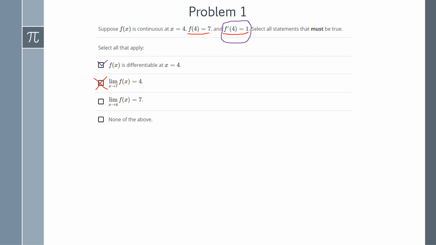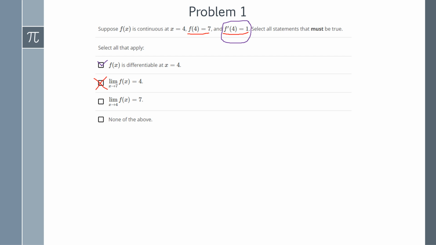Based on the information that's given to us, we cannot claim it. So the limit as x goes to 7 of f of x equal to 4, no, we can't say that. What about the limit as x goes to 4 of f of x equal to 7?